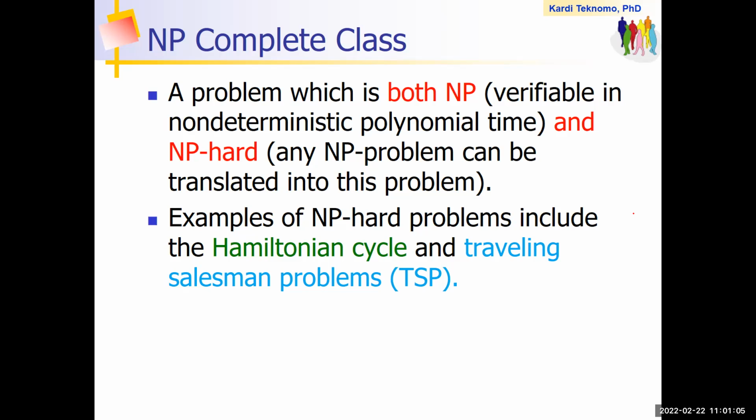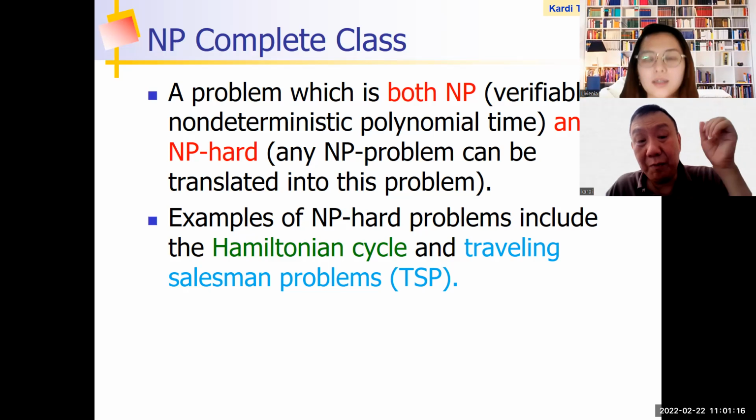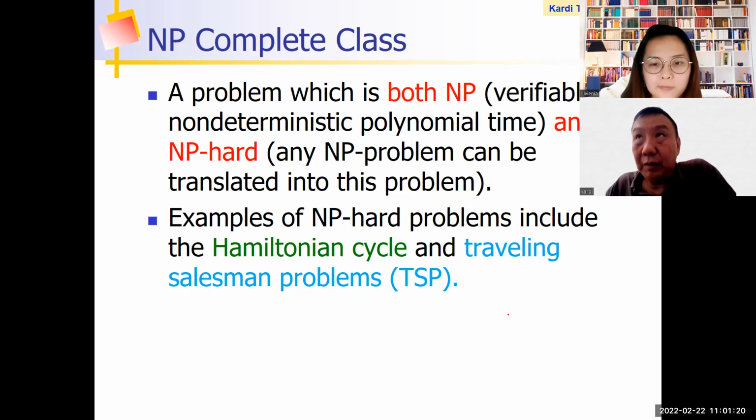An example of this problem we already discussed before. Do you remember the traveling salesman problem? Yeah. So that one is an NP-hard problem. I think you can only solve it optimally when the number of cities is less than 25.